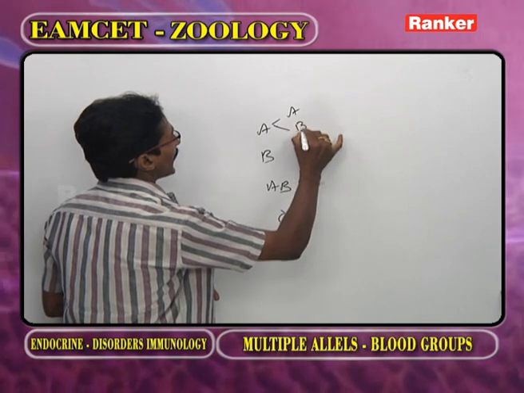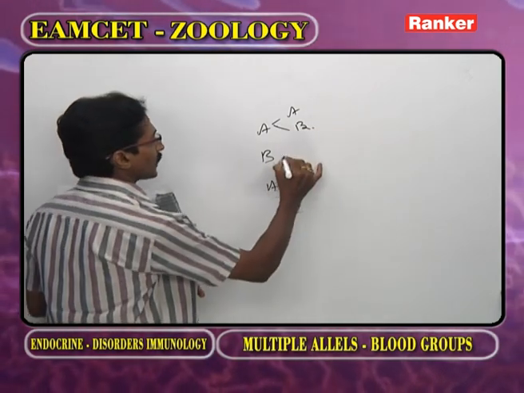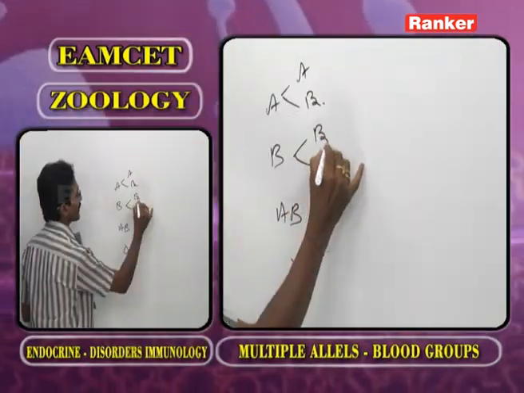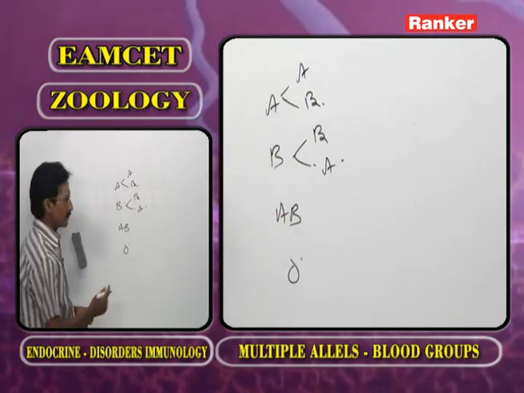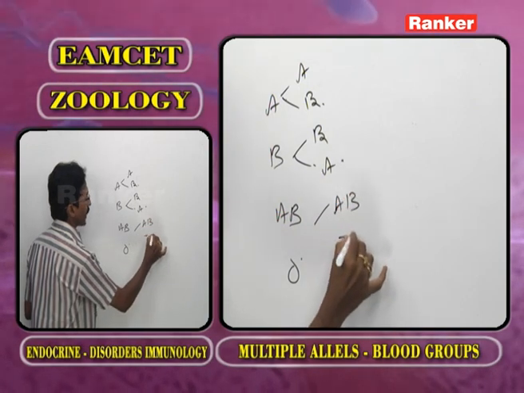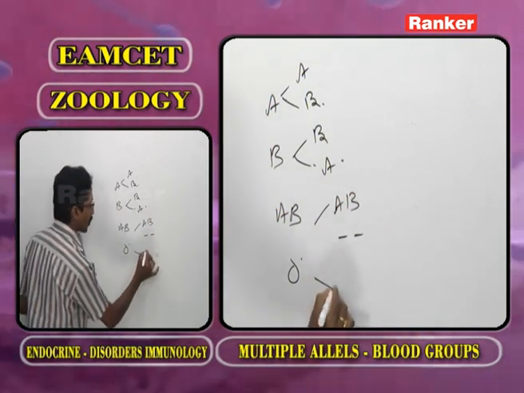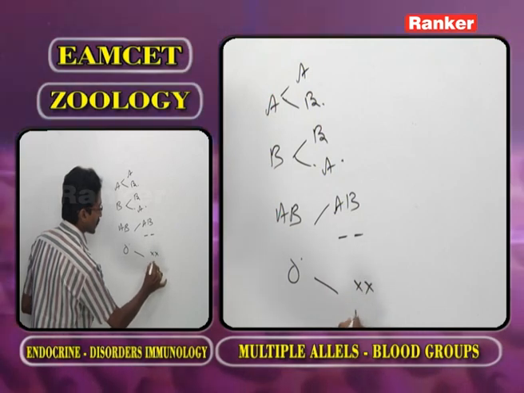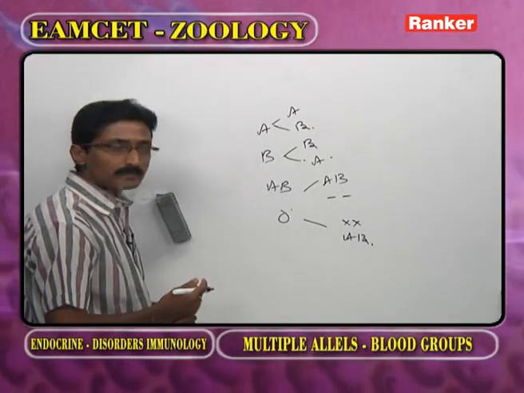A. What is the antibody? B. In the B blood group, the antigen is B and the antibody is A. In the AB blood group, only antigens, no antibodies. What about the O blood group? No antigens, only antibodies.